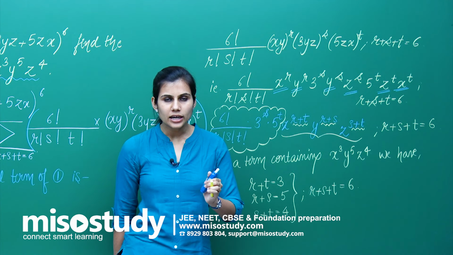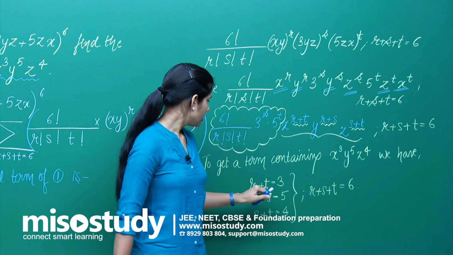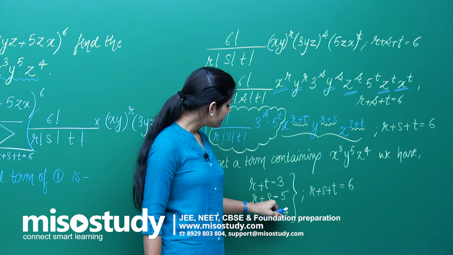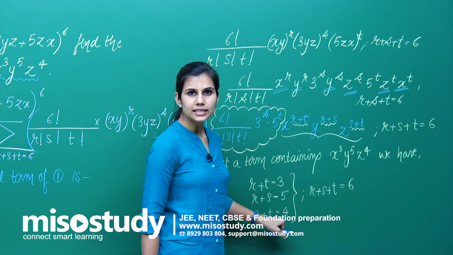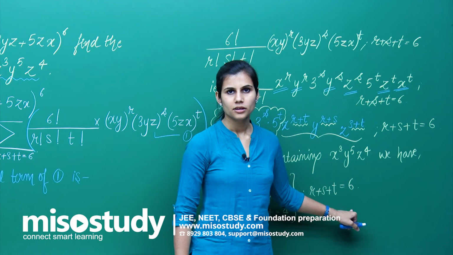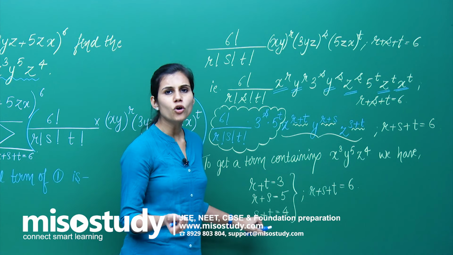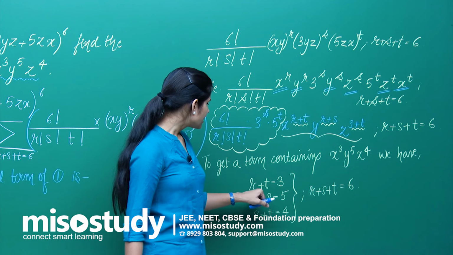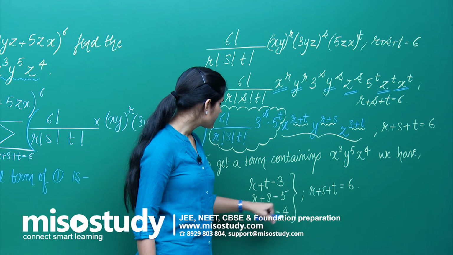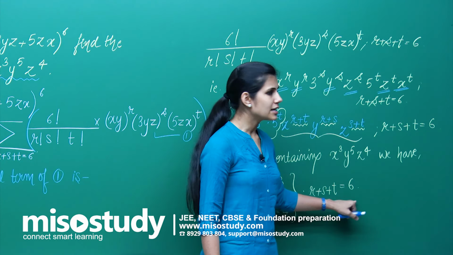We want such an r, such an s, such a t, such that this and this and this is satisfied without violating this. Because if I get r, s and t which satisfy this, that means there is some combination of r, s and t such that r plus t is 3, r plus s is 5, s plus t is 4, but it is not satisfying that its sum is equal to 6.